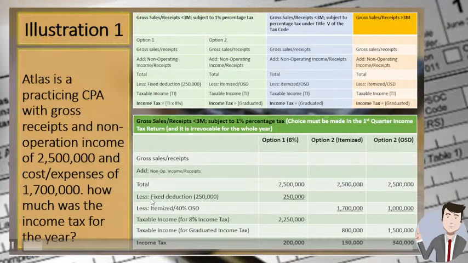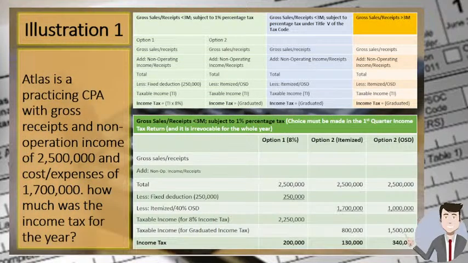Less fixed deduction of 250,000. So guys, your 250,000, if you remember the tax table, in our graduated income tax table, the first bracket is not over 250,000. If you notice, the tax for that income not exceeding 250,000 is zero, right? So the income subject to tax is income in excess of 250,000.